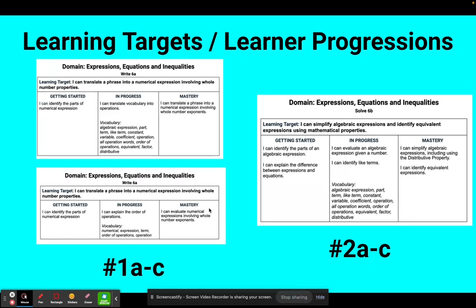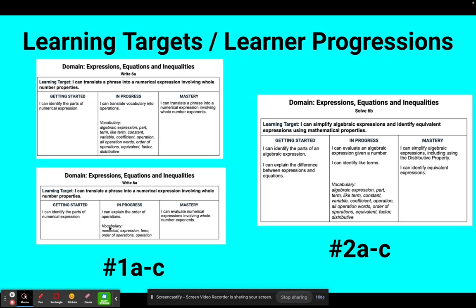So if you look, we have a writing 6A, and we also have a solving 6B. They have the same domain, which is kind of like the same overall topic, but they're a little bit different. So this part here is identifying and translating with numerical expressions.